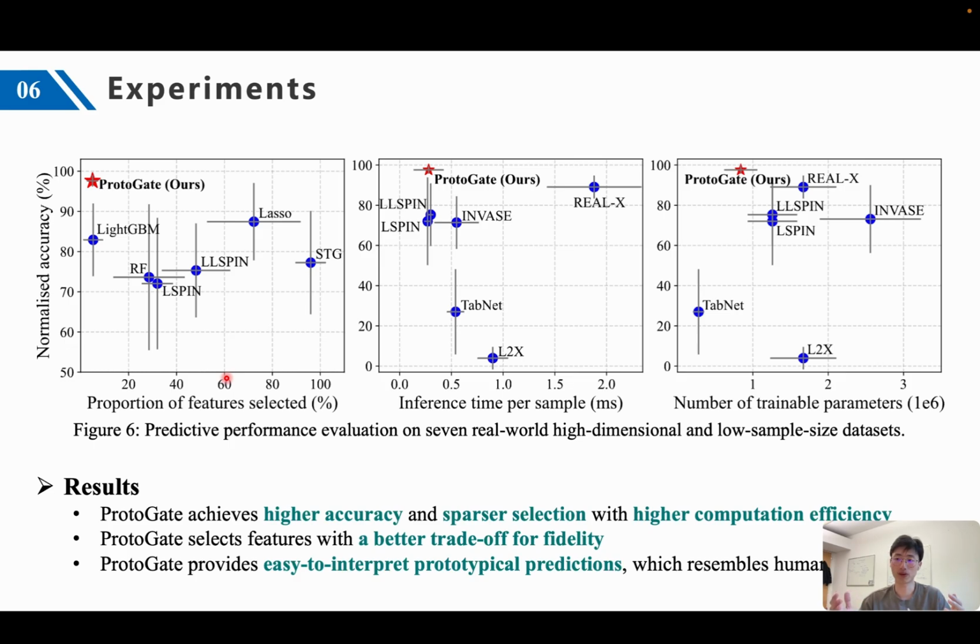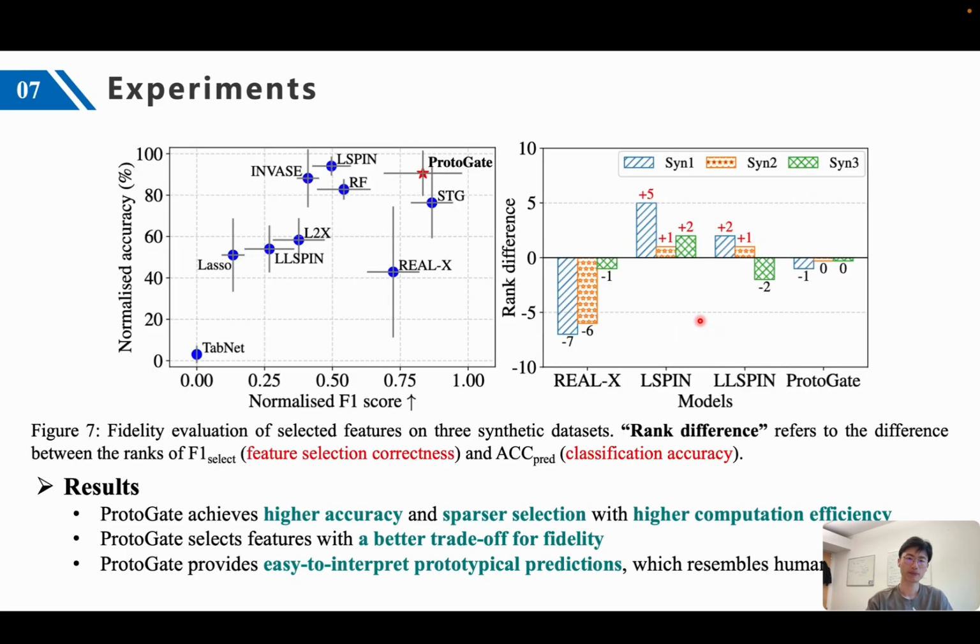It's still a heavy burden for the practitioners. Therefore, we want the models to select as few features as possible. So we can see that ProtoGate has the highest overall accuracy and also it selects the fewest features compared to prior studies. In the second figure, we can see that ProtoGate is faster, and in the third figure, ProtoGate generally requires less space for training and inference. This is really cool because they show that ProtoGate has high applicability for real-world biomedical tasks.